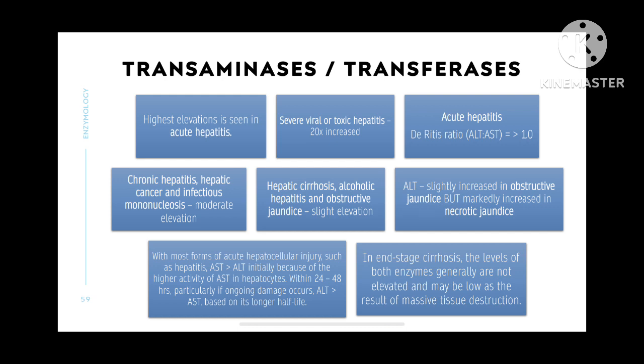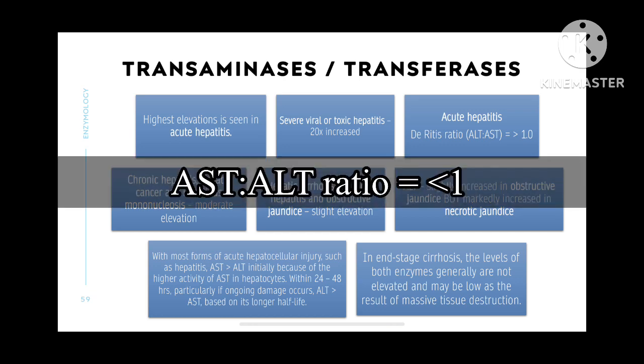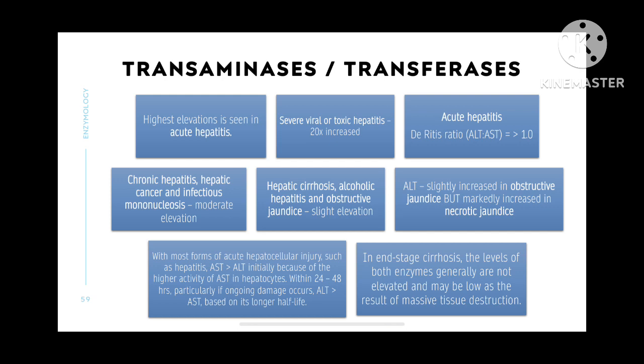A normal AST-ALT ratio should be less than 1. In patients with alcoholic liver disease, the AST-ALT ratio is more than 1 in 92% of patients and more than 2 in 70%. AST-ALT scores more than 2 are therefore strongly suggestive of alcoholic liver disease.